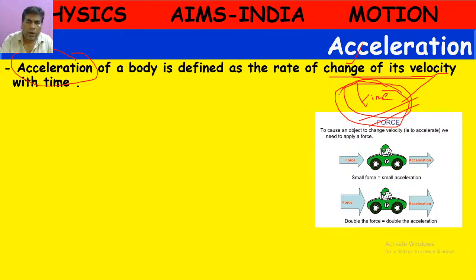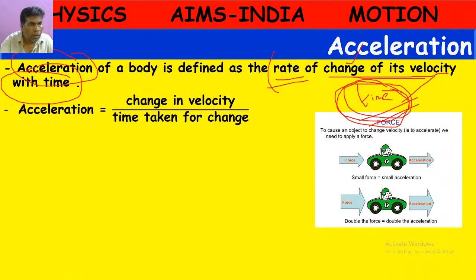Whenever we are using the words with respect to time, then we have to call it rate of change of velocity. So here acceleration means change in velocity, how much change happened, divided by time taken for change, that change happened in how much time.